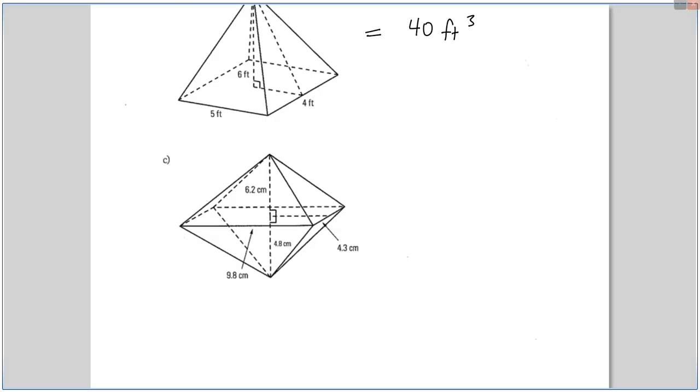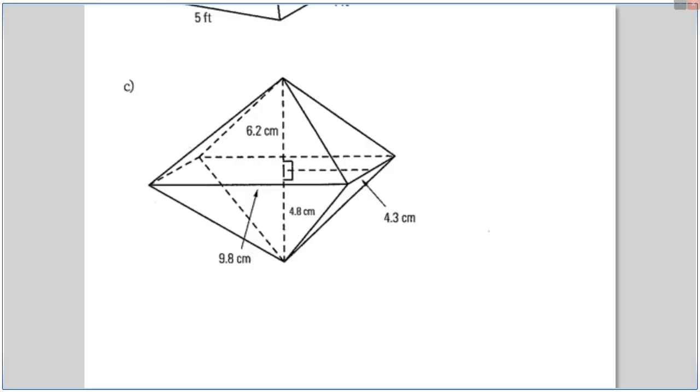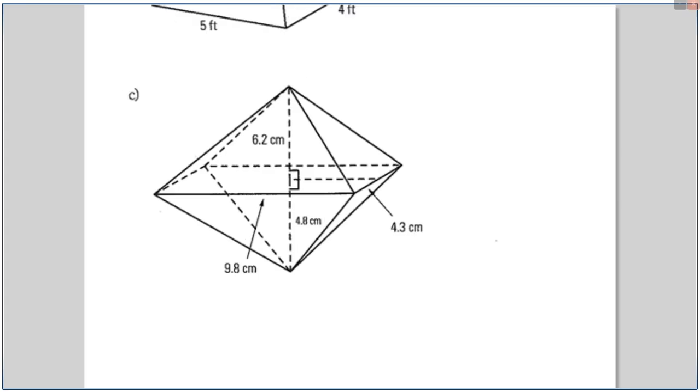This is like 2 pyramids touching at the base. So what's the same with these? If they fit flush, what must be the same? Length and width must be the same. All they have is 2 different heights, right? So it would be 9.8 times 4.3 for both of them.